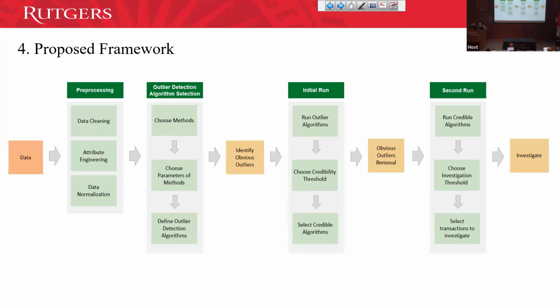In this project, we'll try to partially mitigate the challenges a little bit. We are not confident enough to say that we have overcome all the challenges. In this proposed framework, initially, we obtained some transaction data from our audit collaborators. Next, we did some pre-processing, such as data cleaning, attribute engineering, and data normalization.